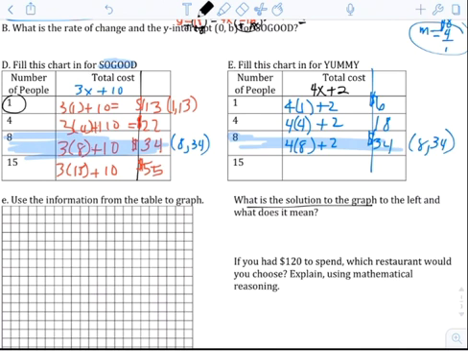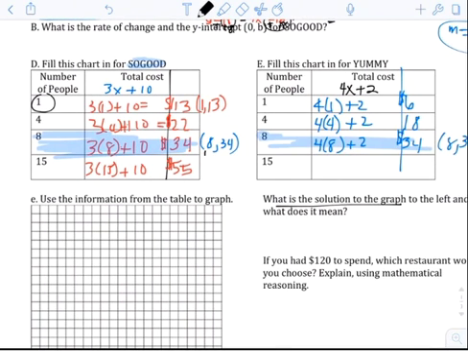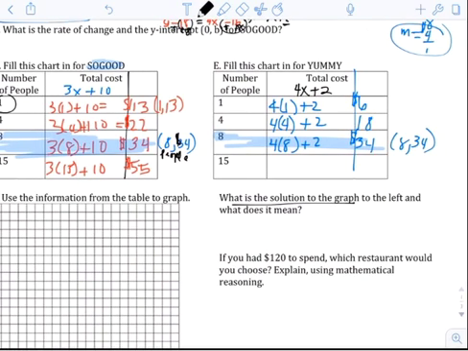So, in that case, this is the number of people. And this is $34. Remember that. People, $34. That means the solution is $34.